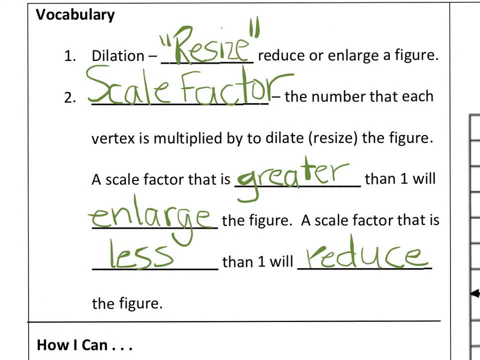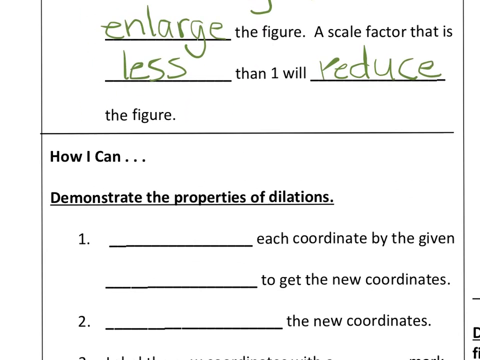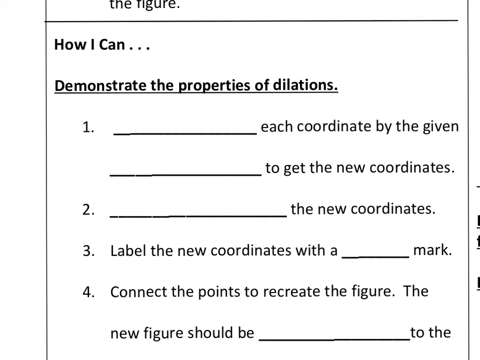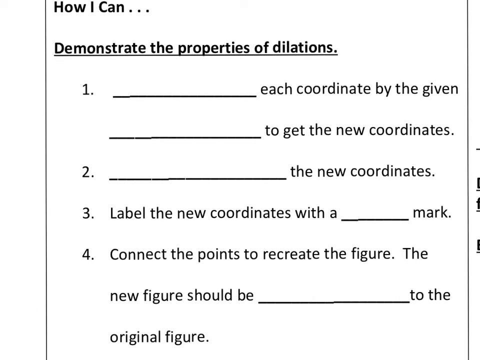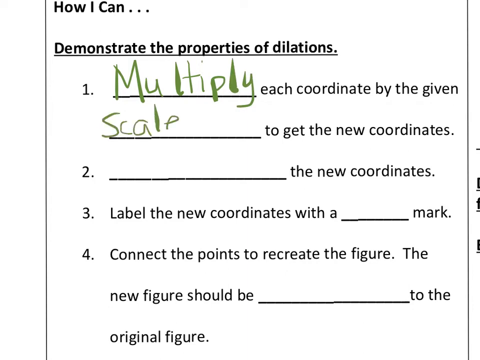So let's take a look here at how we're going to dilate figures. So the first thing that you'll do is you'll multiply each coordinate by the scale factor that they give you. They'll always give you a scale factor when they ask you to dilate. So you'll multiply each coordinate by that given scale factor.